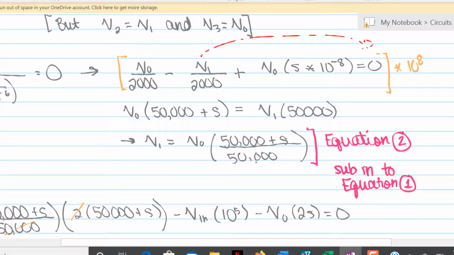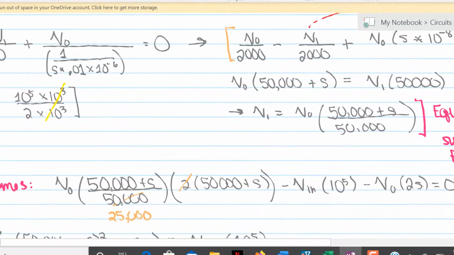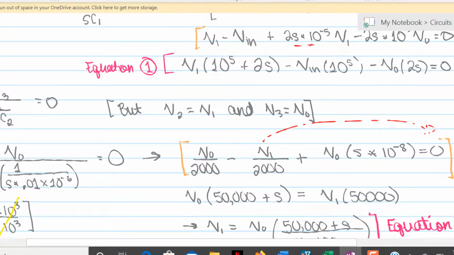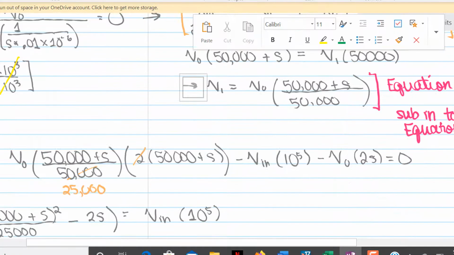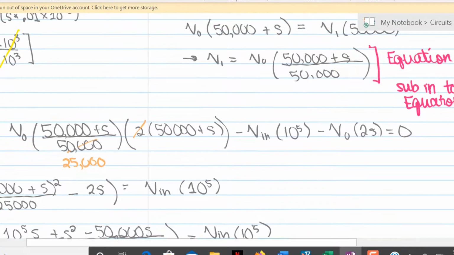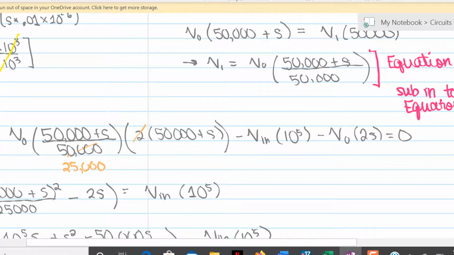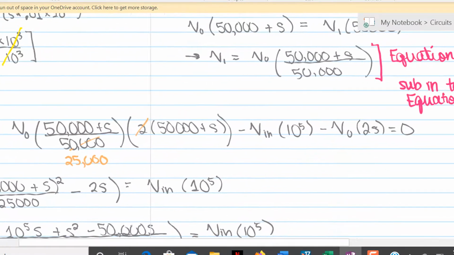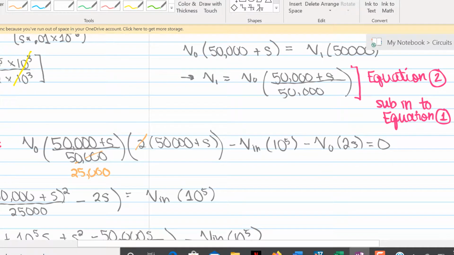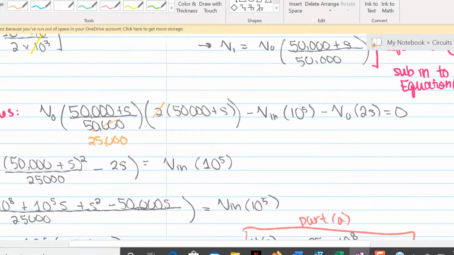That's my equation 2, and I subbed that in for the V1 in equation 1, which was right at the very beginning. So equation 1 becomes this. I just rewrote it. There's still a Vin after it and a Vout after it.